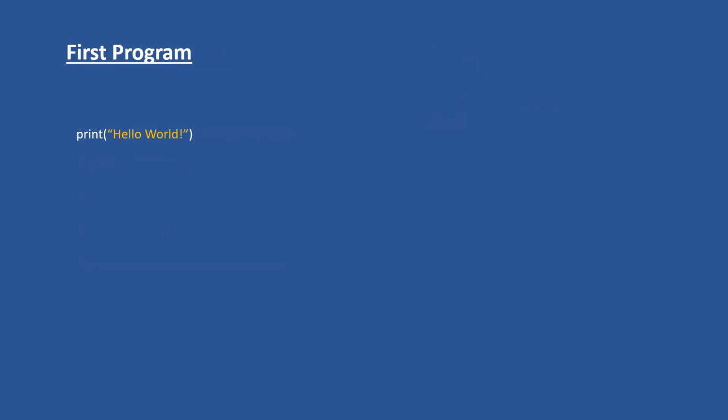Now, let's develop our very first program. All of you know, right? Whenever we are learning a programming language, sorry, not developing, learning a programming language, what is the very first program that we learn? It's simply printing hello world. Here, I'm not going in depth with all these things.